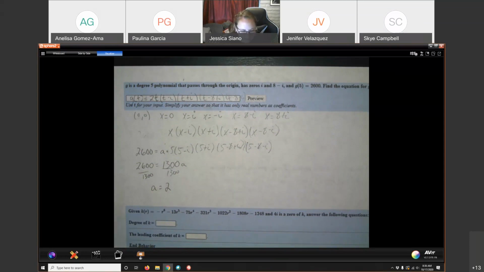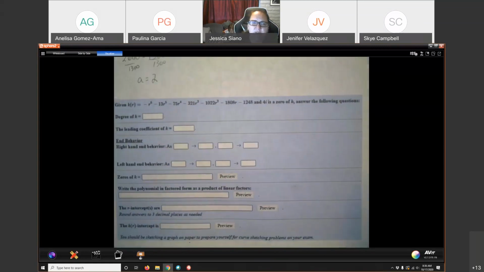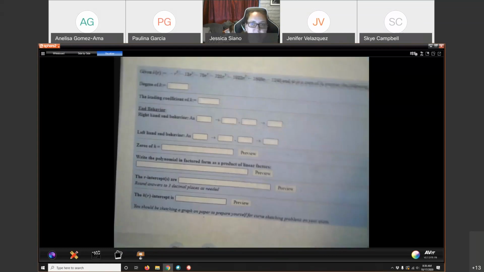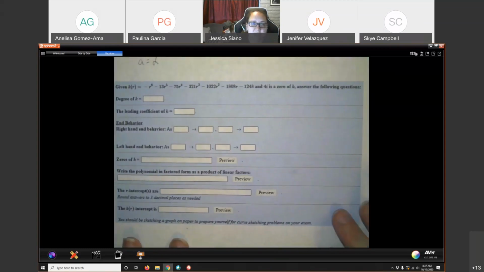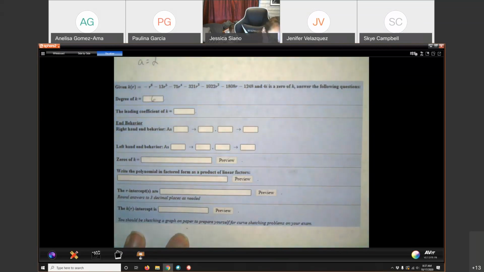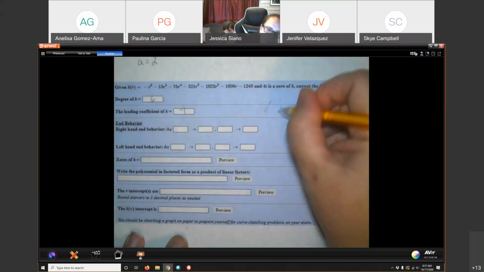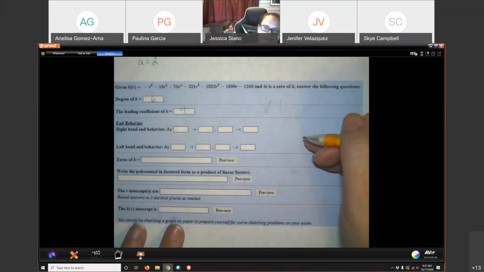All right. So last but not least for this section, we have a polynomial of degree 6 with a leading coefficient of negative 1. So even degree, negative leading coefficient means that's what my end behavior looks like.